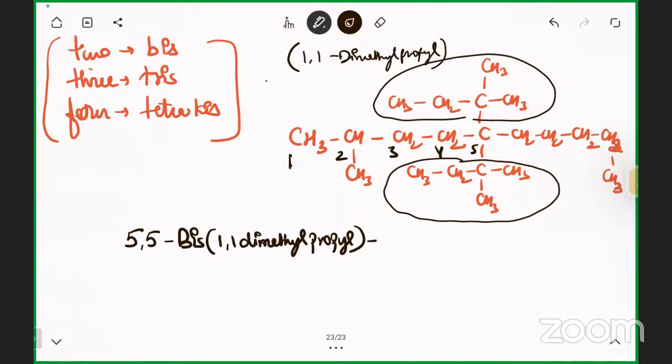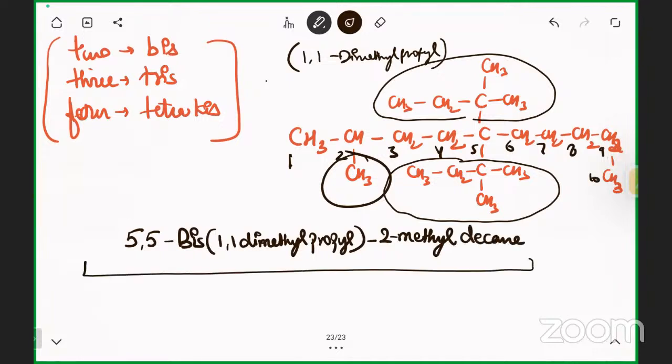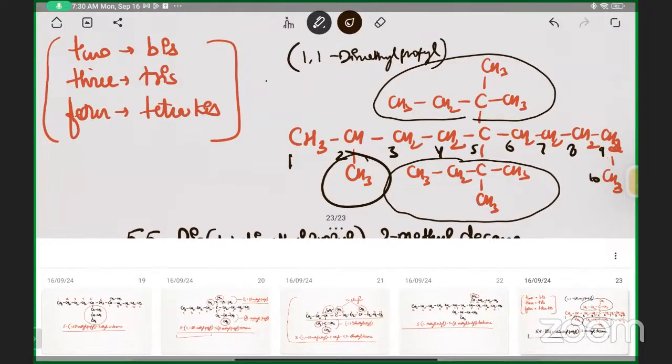Then dash 2 methyl, because on the second position we have CH3. And since we have 6, 7, 8, 9, 10 carbons, it will be considered as decane. Clear? Clear? Yes. Okay. Let me check one example in this book.